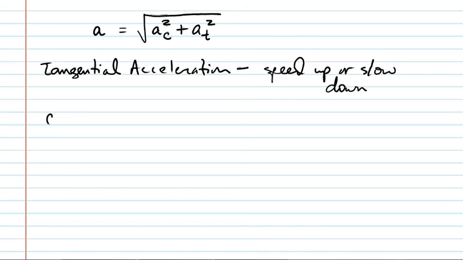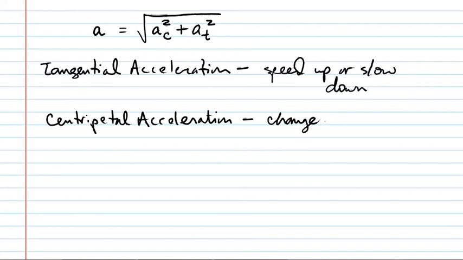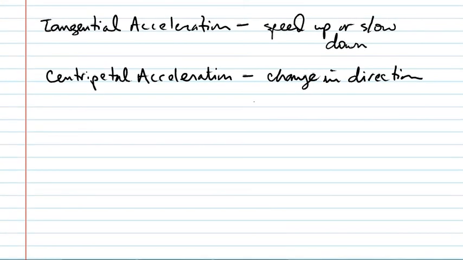The centripetal acceleration, on the other hand, is the part that causes the change in direction. And in fact, it's the centripetal acceleration that accounts for the circular motion.